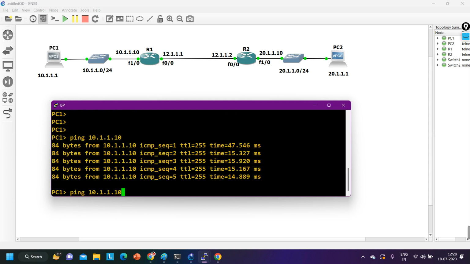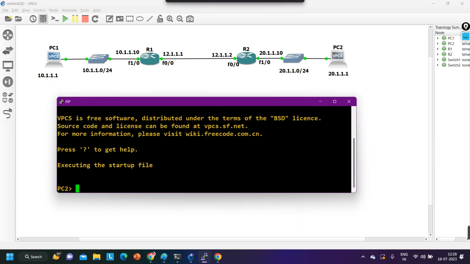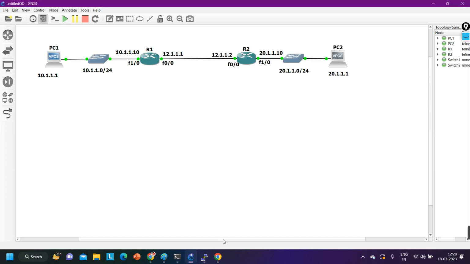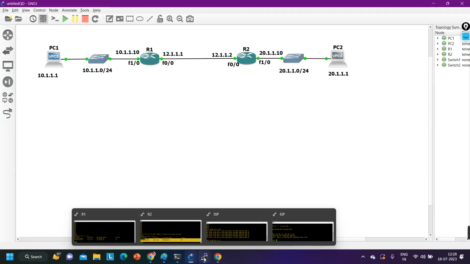And if I ping PC2, ping 20.1.1.1, it will not work. PC2 IP address is 20.1.1.1/24 and gateway is 20.1.1.10. So if I ping from PC1 to PC2 now, will ping work?